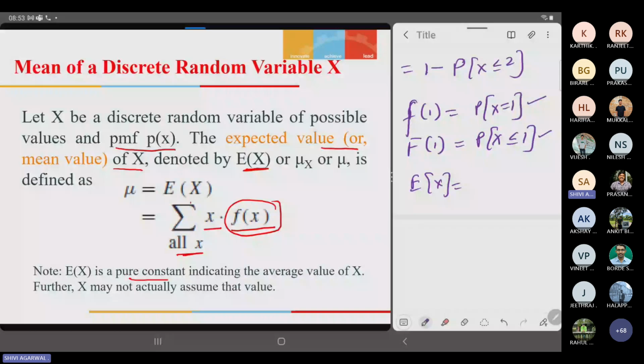As you have done in the statistics part, we have done the mean. Same thing we are doing here. But here the mean value is a constant value, and the formula is different from the statistics part which we have done earlier. So we can say x may not actually assume the same value. It is the mean value of that.